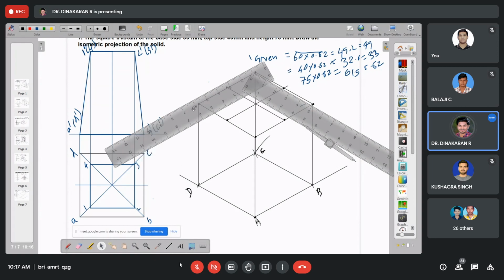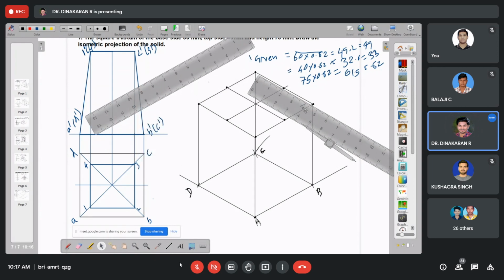Then after that, how much is the square? The total is 33. So how much will it come? Let's say 16.5, right? 16.5.